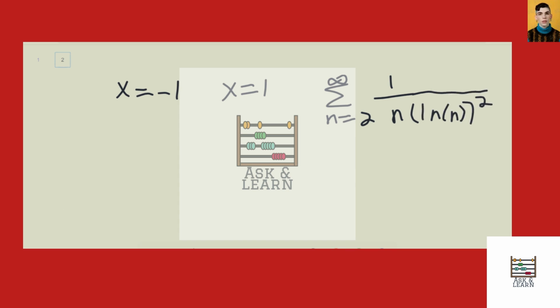squared. And here we can use the integral test to figure out whether or not we get convergence. Okay, so figure out whether or not this integral is convergent or not.